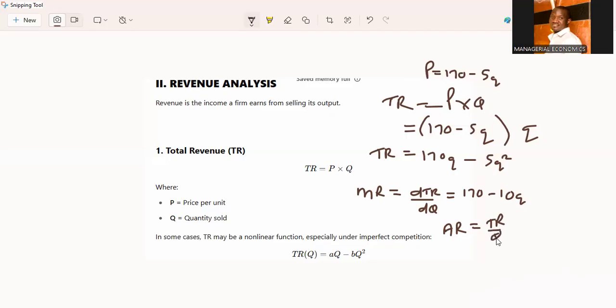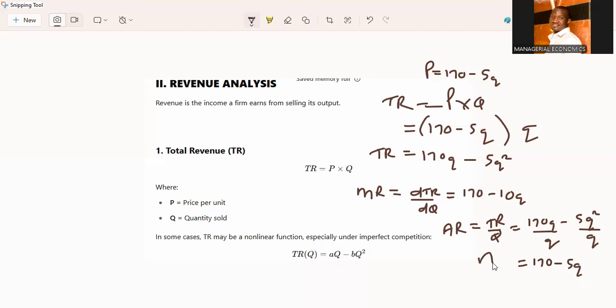Our total revenue was 170Q minus 5Q squared, divided by Q throughout. 170Q, the Q and Q cancel, so it will be 170. 5Q squared over Q, you remain with 5Q. So this is average revenue.